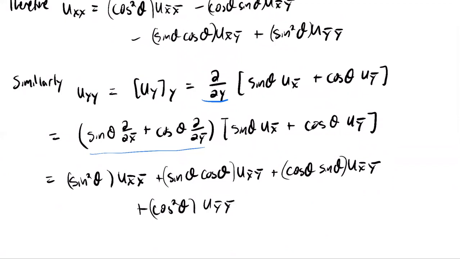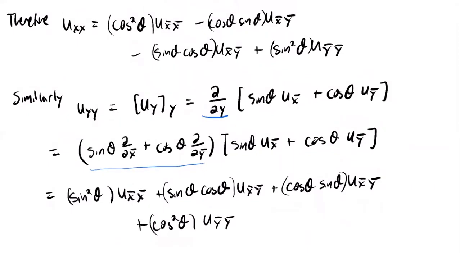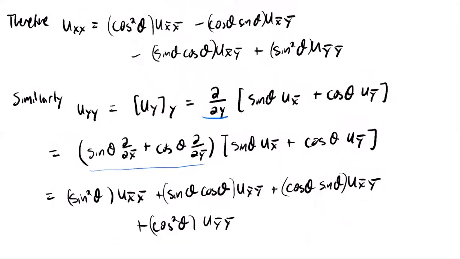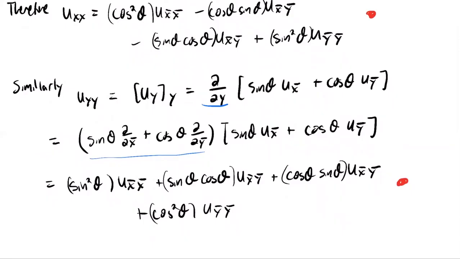And so what happens now if I add these two quantities? I calculated u_xx in terms of x bar and y bar here, and I calculated u_yy in terms of x bar and y bar here. Let's add these together and collect the like terms.